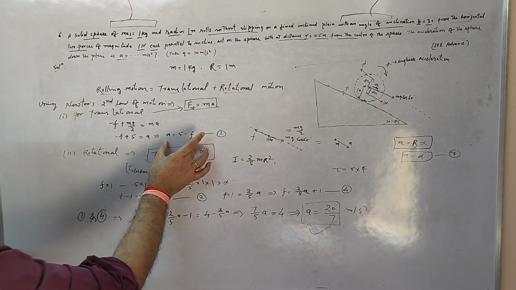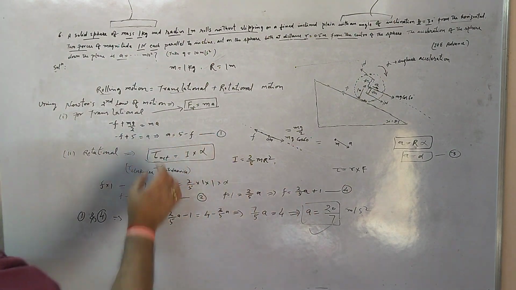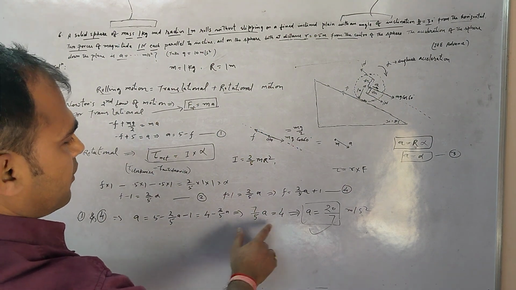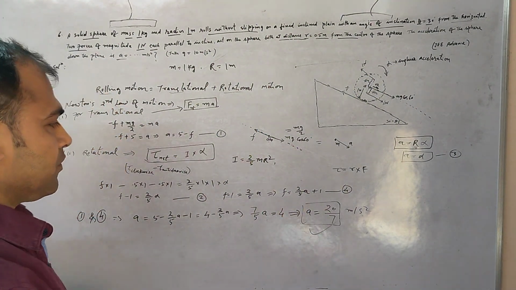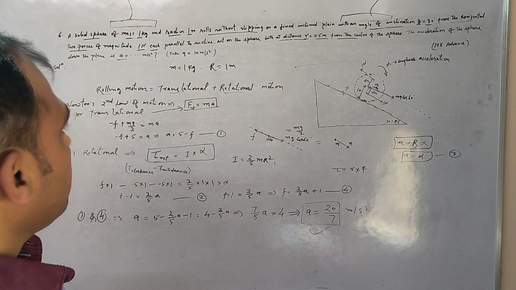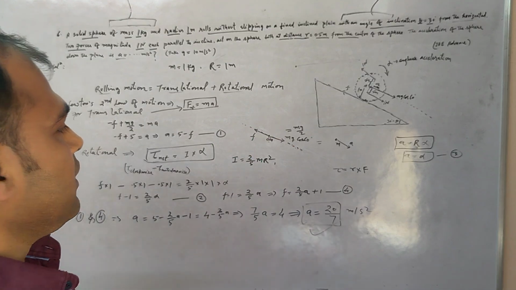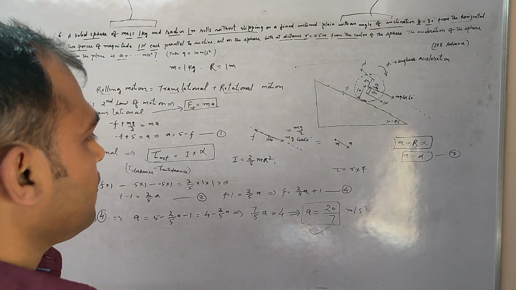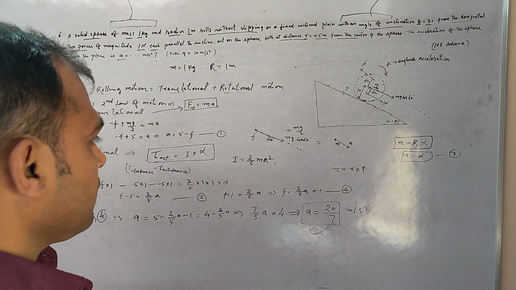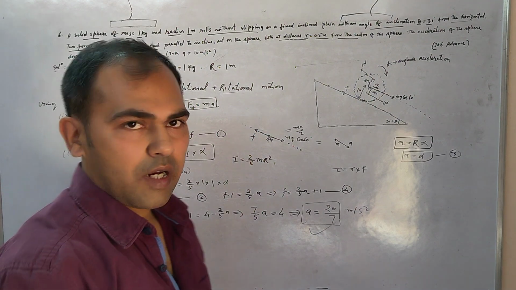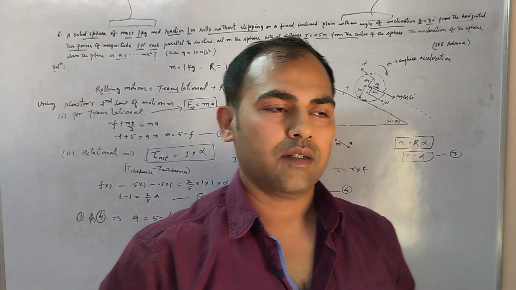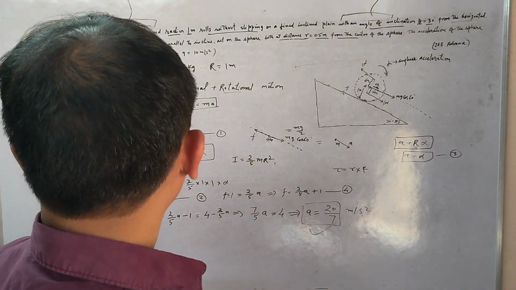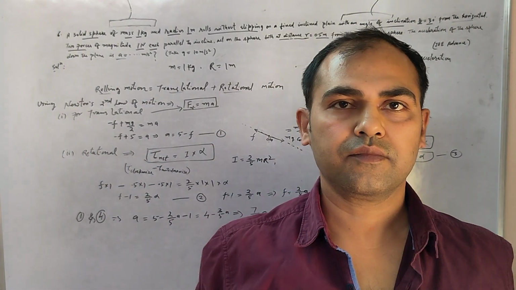Now from here we will put the value of F. So A will be this, and solving we will get the answer of acceleration 20 by 7 meter per second square. I hope you got it, and you can solve it in hardly 1 minute. Thank you.